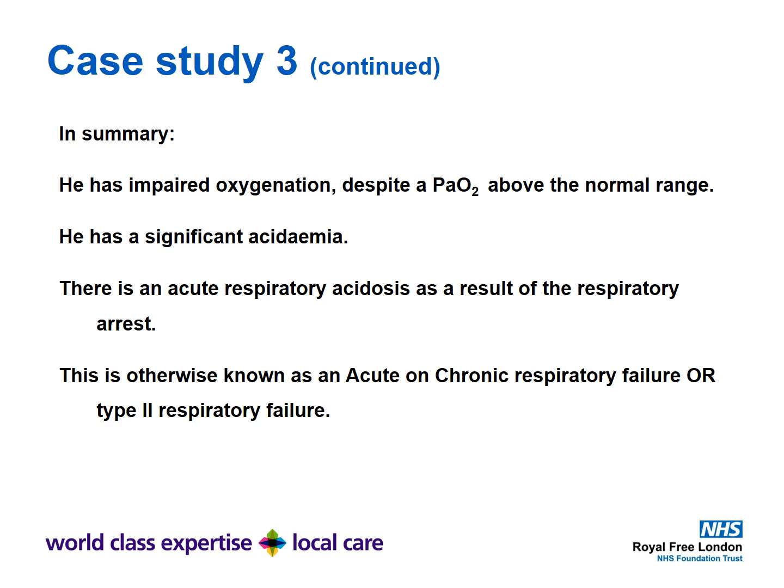Remember that we have to think about the human body as a seesaw that we're trying to keep straight. He has a significant acidemia, so he has an acute respiratory acidosis because of the respiratory arrest. This is otherwise known as acute on chronic respiratory failure or type 2 respiratory failure. Type 1 respiratory failure being primarily hypoxemia, type 2 primarily being hypoxemia with hypercapnia.